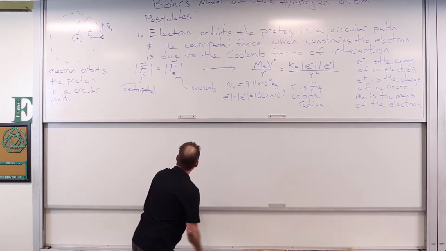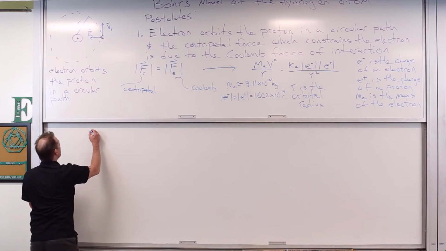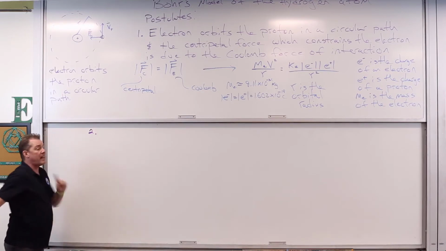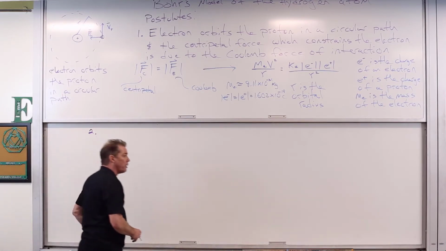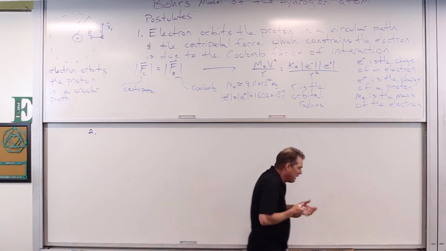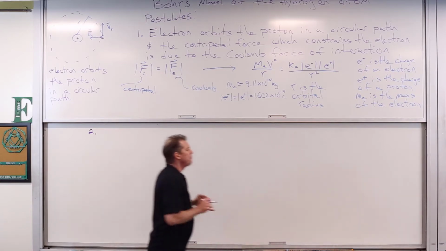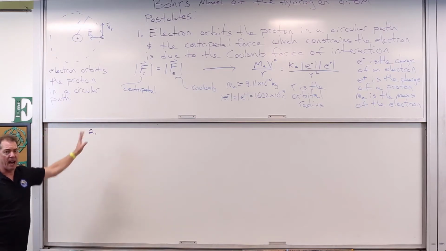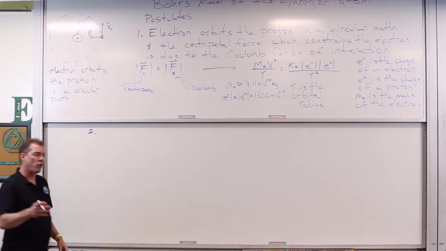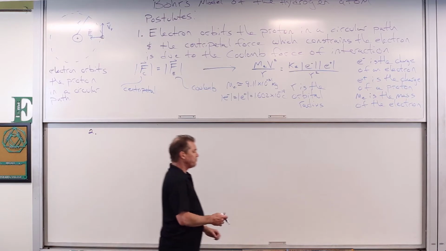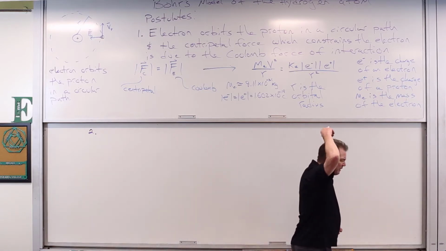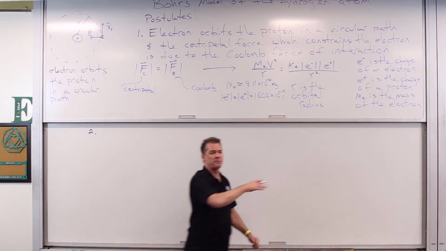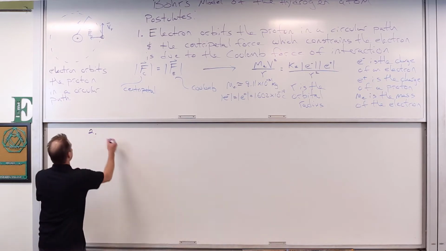Well, there are some more things that put things in a different perspective. The second postulate starts to be on the more quantum side. It basically says that light will be emitted by the hydrogen atom when the electron moves from a larger orbital radius to a smaller orbital radius.